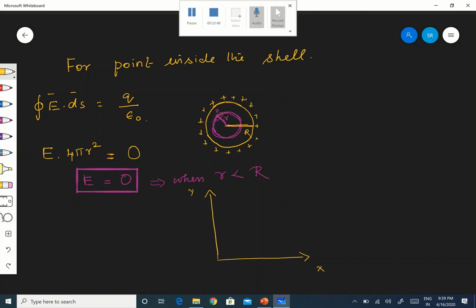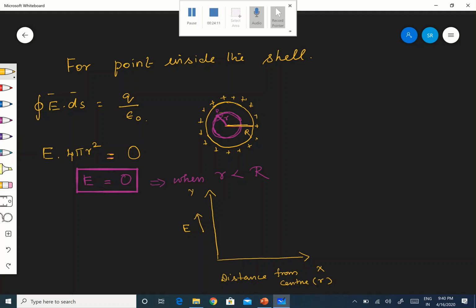This is your E, and this is the distance of the point concerned from the center.